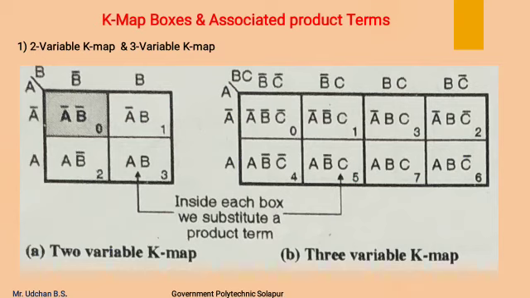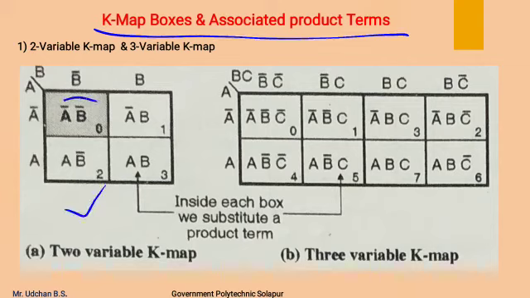Now we will see the K-map boxes and associated product terms. Now this is the two variable K-map. This is the position where A bar and B bar are associated. So for this, A bar B bar is the product term.